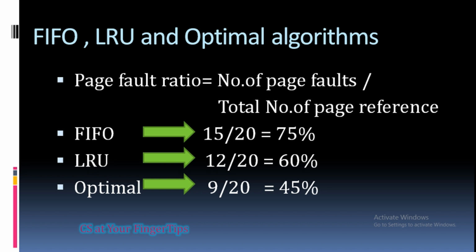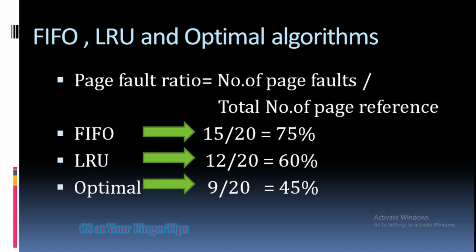From the examples we have seen that for a particular reference string, the FIFO algorithm produced 15 page faults out of 20 page references. This is the simplest algorithm for implementation, and it produced a 75% page fault ratio for this reference string. In the case of LRU, the number of page faults was 12 out of 20 page references, which is better than the FIFO algorithm.